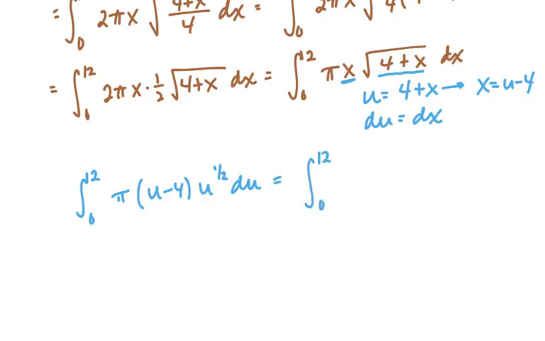So we have 0 to 12. Let's distribute both of those. Oh no, let's keep the pi out here. So we have u to the 3/2 minus 4u to the 1/2 du. Now notice we can't integrate this term by term because there is no product rule in integration. It's called integration by parts.